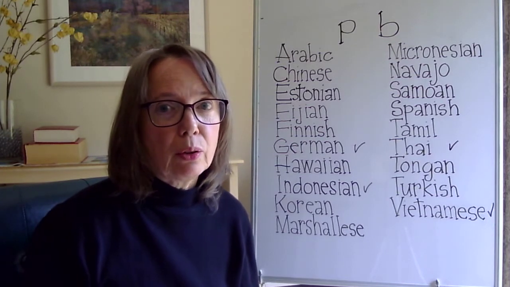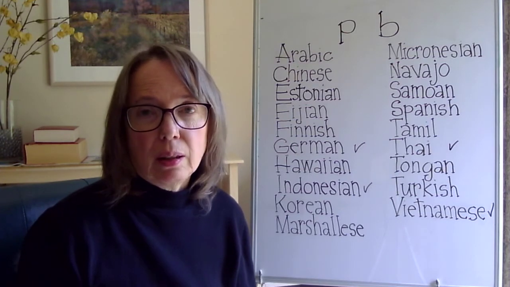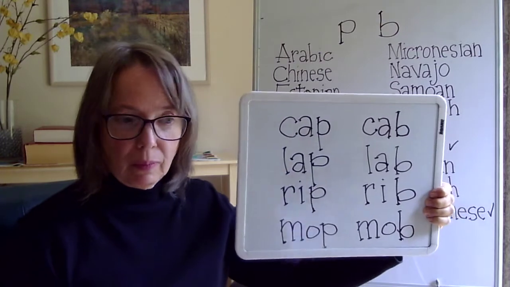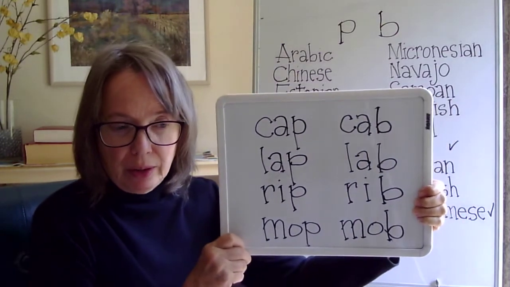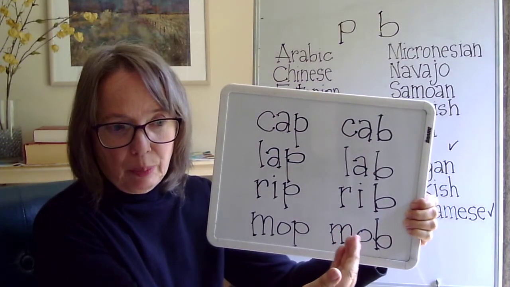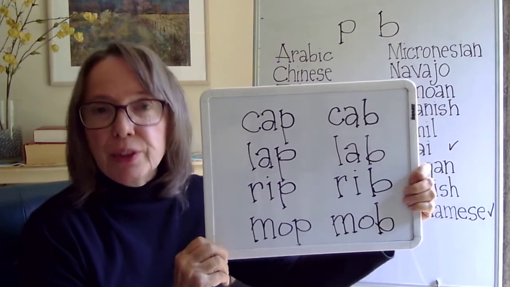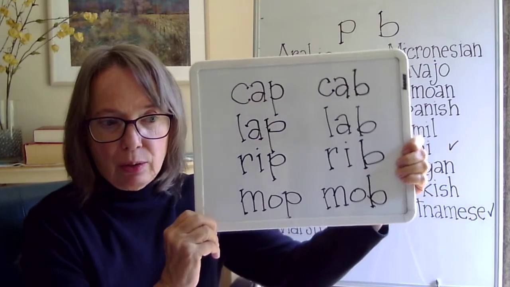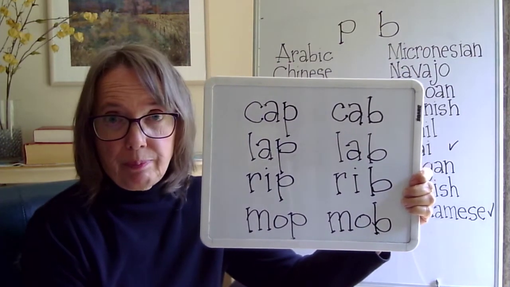Next, I want to show you a difference between P and B at the end of words. Okay, here are 4 minimal pairs. You can see that they end in either P or B. And the only difference here is the P or the B, because each vowel is the same in both words.